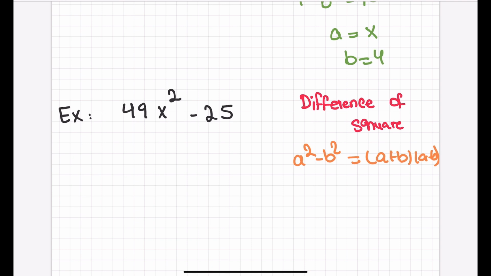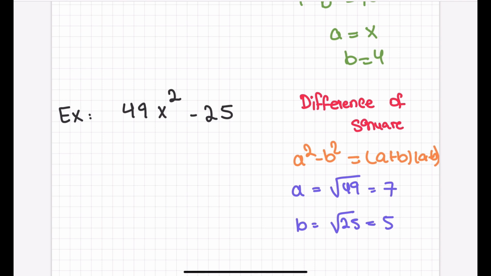Alright, let's solve for this one. I'm going to do it from scratch. I can see the a would be the square root of 49, which is 7. And my b would be the square root of 25, which is 5.